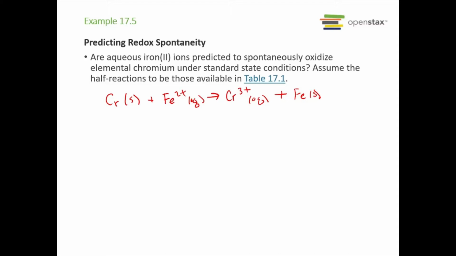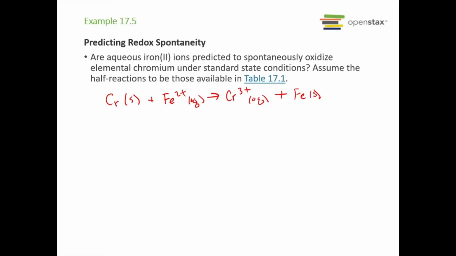So if all you want to know is yes versus no, you can go ahead and look at your values. Iron is the oxidant, chromium is the reductant. Iron is above chromium.